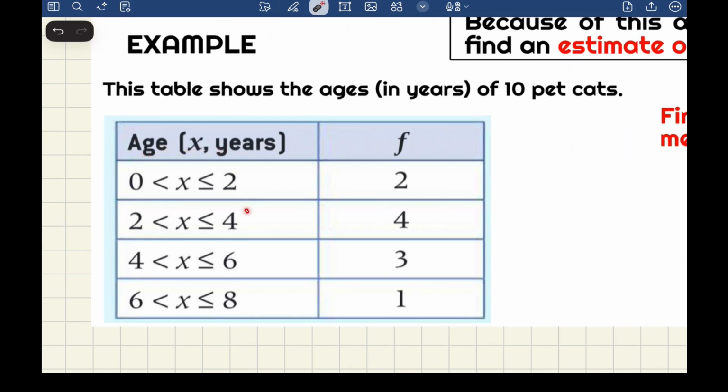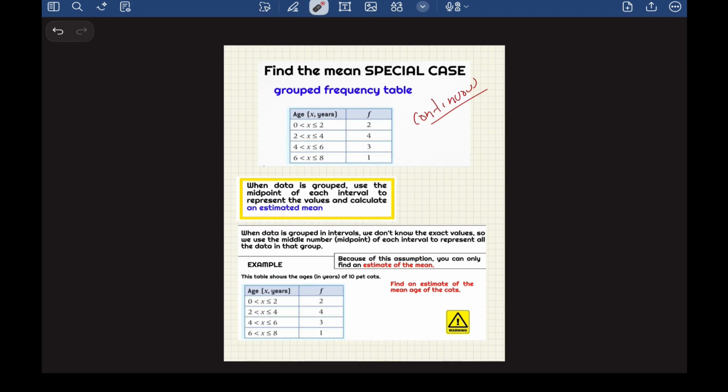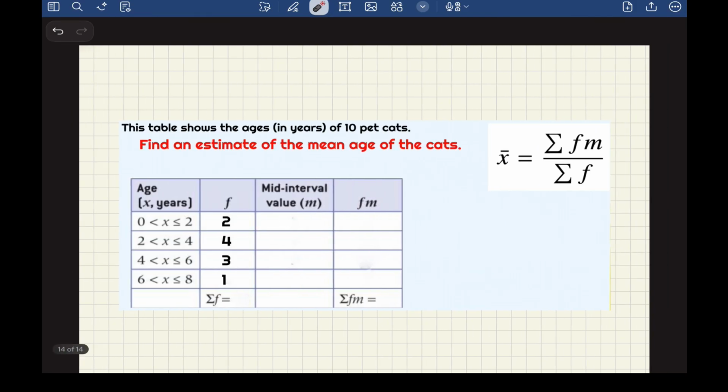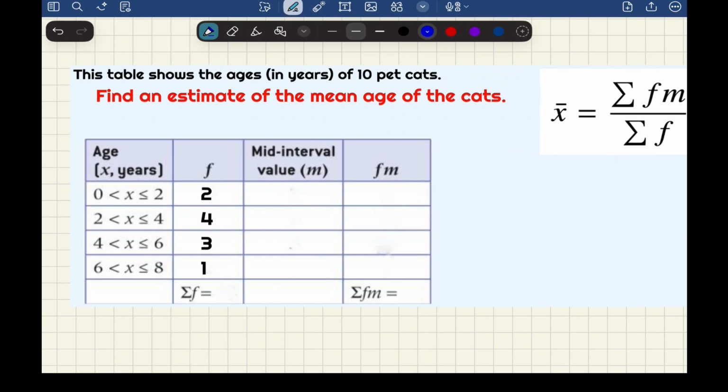What is the number between 2 and 4? Between 4 and 6? Okay, so we are going to do this, and remember, this will be an estimation. So pay attention. Basically, we have to do a new table, using the midpoint or the mid-interval value.